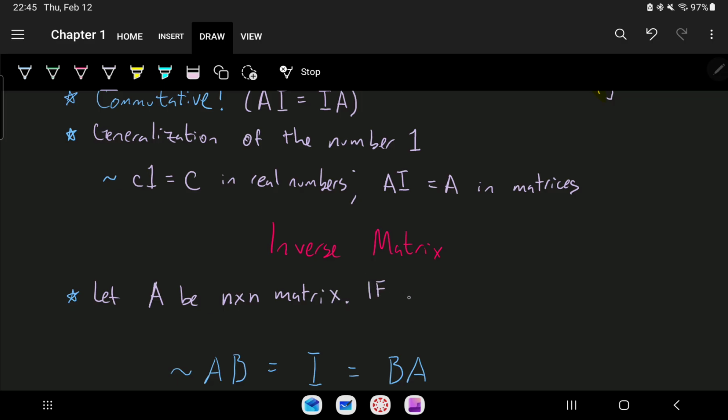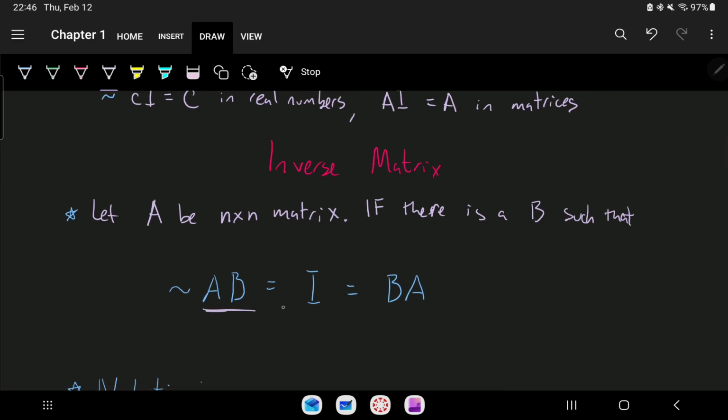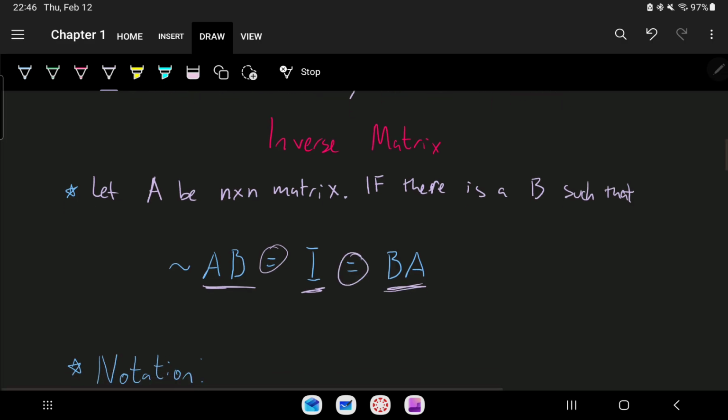If there is a B such that A times B is equal to the identity matrix, which inherently would be equal to B times A, then B is the inverse of A.